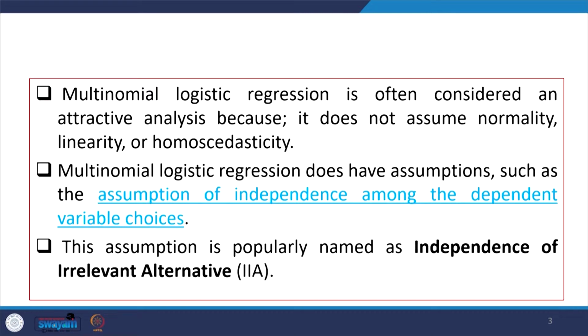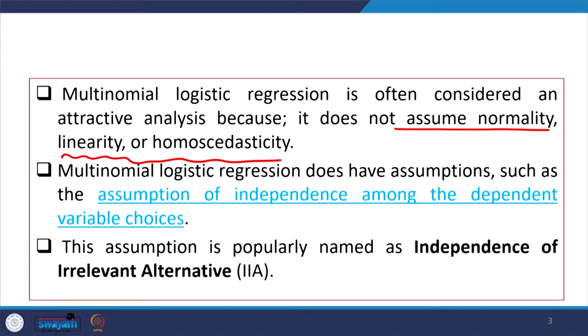These are important aspects which are very essential to discuss at this moment. That is why, when your data is not following the assumptions of normality or linearity, or it does not have homoscedasticity, or there are certain problems of heteroscedasticity, multinomial logistic regression could be used.